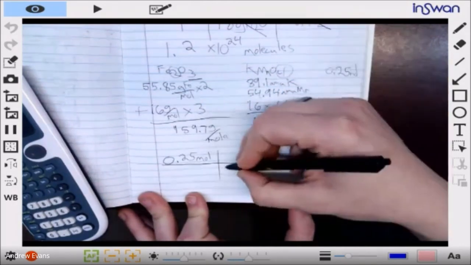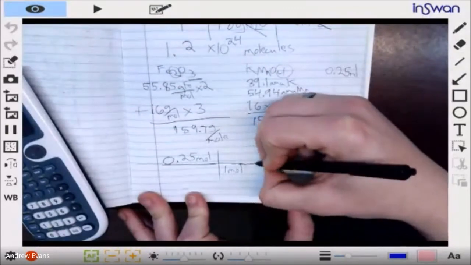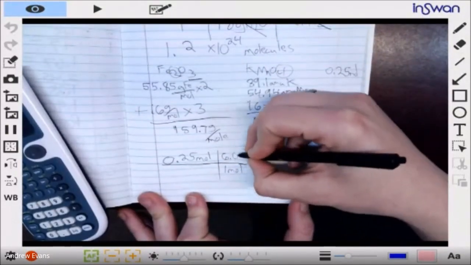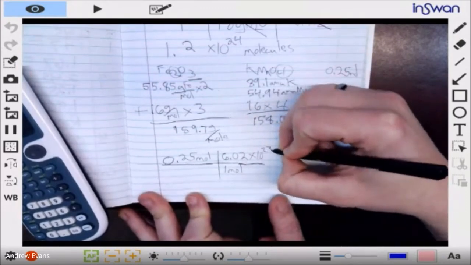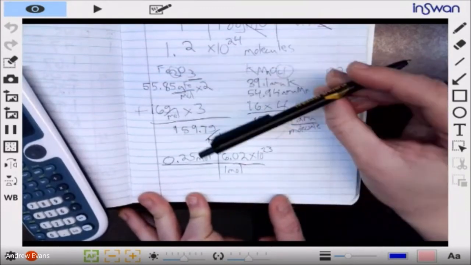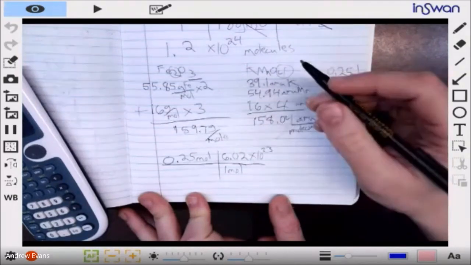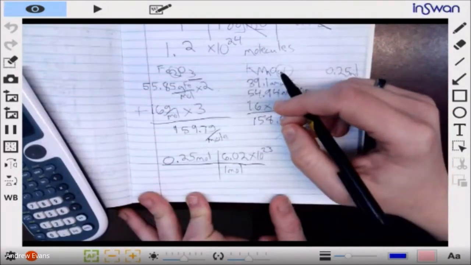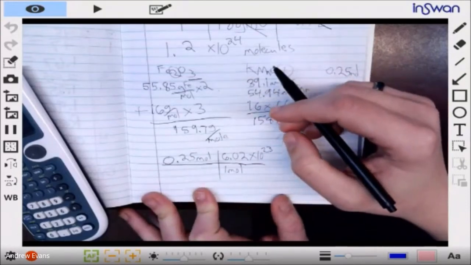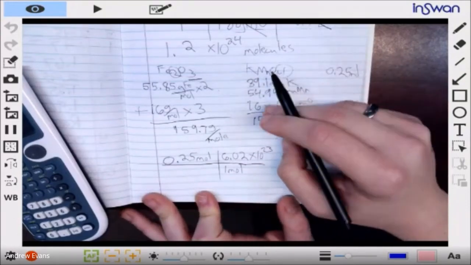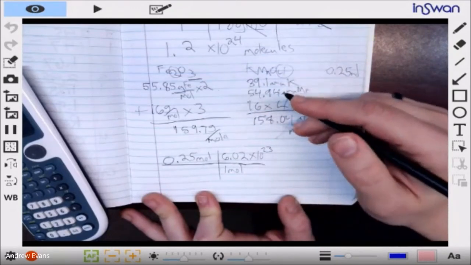Mole is independent of what we're looking at. I could have asked how many people are in a quarter dozen of people? How many eggs are in a quarter dozen of eggs? It doesn't matter what we're looking at. That's going to be independent of the size.